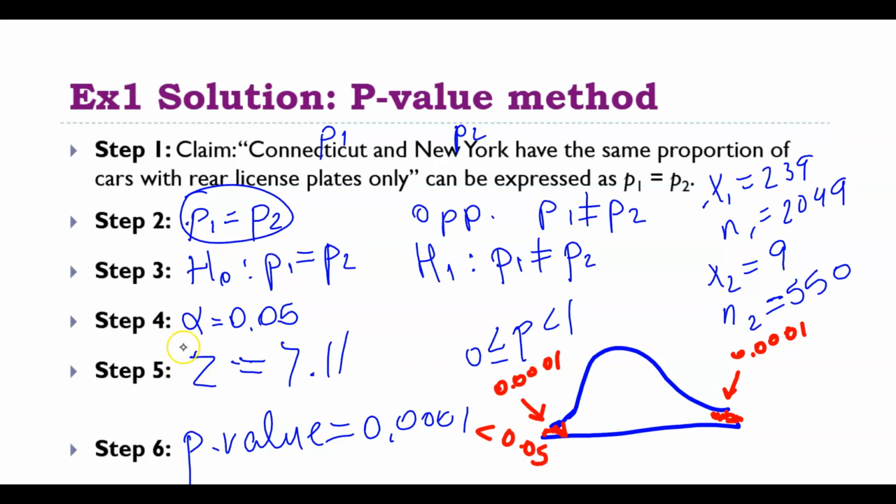Plus the test statistic, z equals 7.11, tells us that it's located way on the right side. So the p-value, the probability that is left here, is going to be close to 0. Therefore, it's in the critical region. If the p-value is less than alpha, then we reject the null hypothesis.